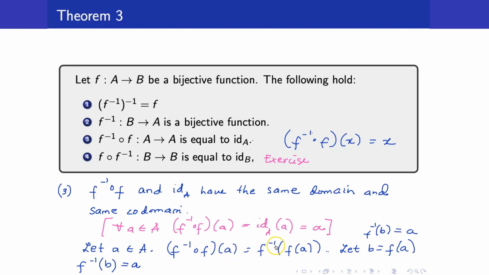This is equal to F inverse of F of A. Let me just erase this here and put it here. So I have F inverse of B, but from here, F inverse of B is equal to A. And this is the image of A under the identity function on A. So we have just shown this. This is equal to this.